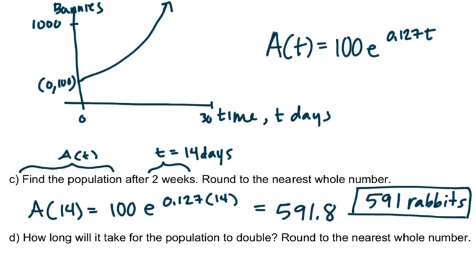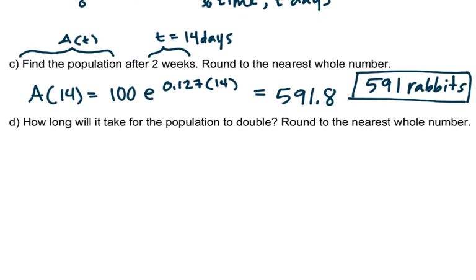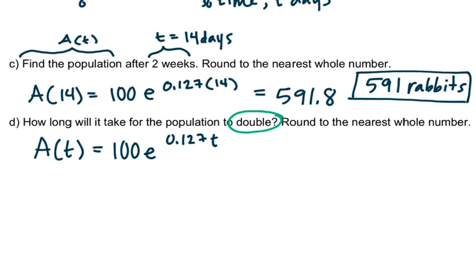Okay, so one more question here. How long will it take for this to double? So again, we still have A of t equals 100 e to the 0.127 t. That's my function. So if we want to deal with it doubling, that means the 100 that I'm starting with needs to become 200.